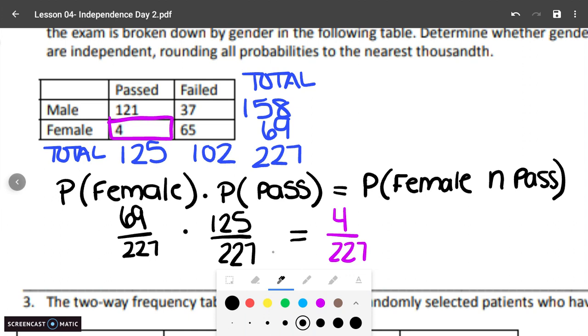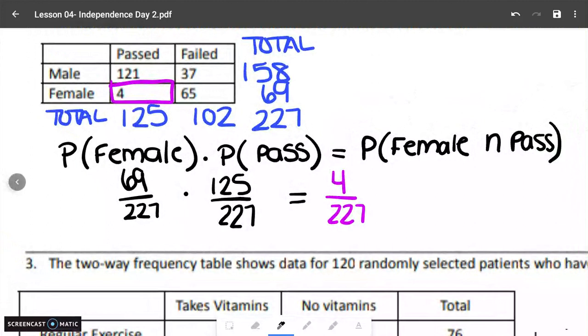And we get, to the nearest thousandth again, 0.169. Actually, we have 0.1696, so that's going to be 0.170. Now, we look at 4 divided by 227, and we end up with 0.018.